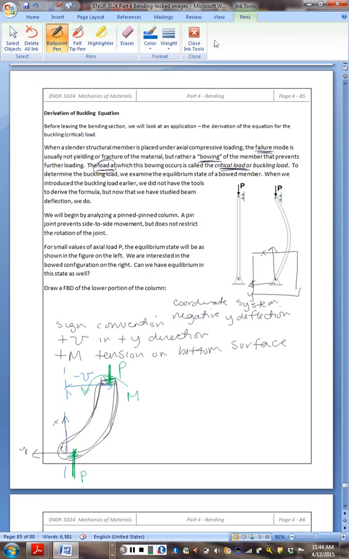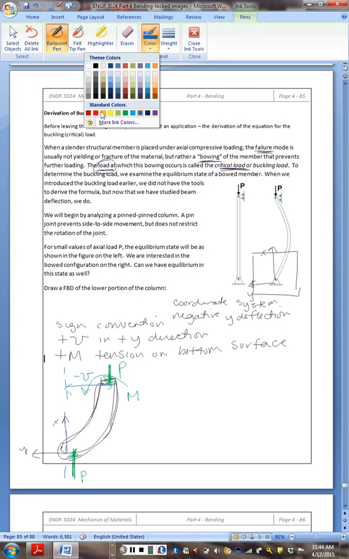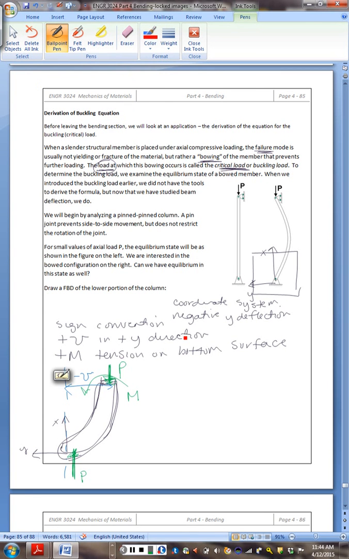So we can come over here and do a statics problem.